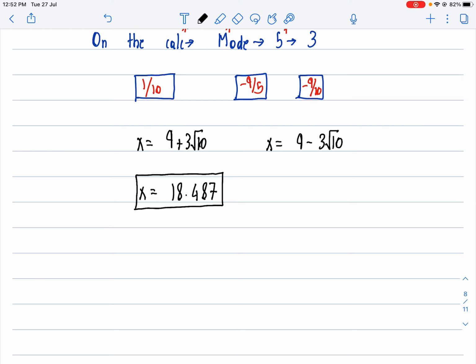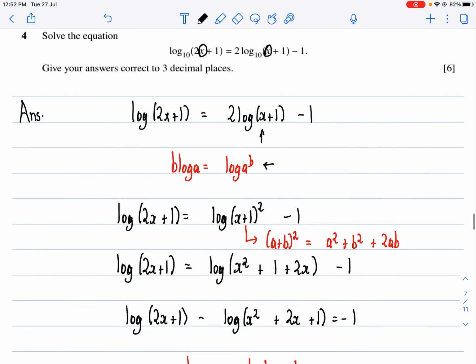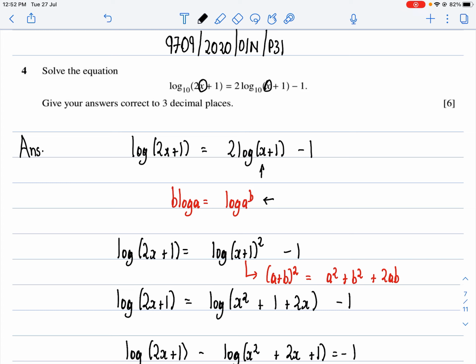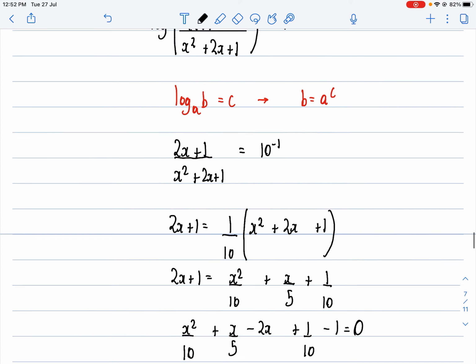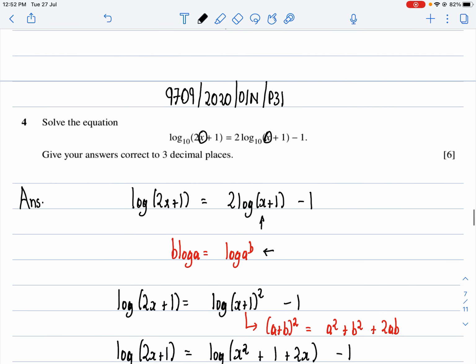Now let's take this value of x, which in decimal is minus 0.486. So I know when I put minus 0.486 or 487 actually to be precise, when I put minus 0.487 multiplied by 2, I get minus 0.974.